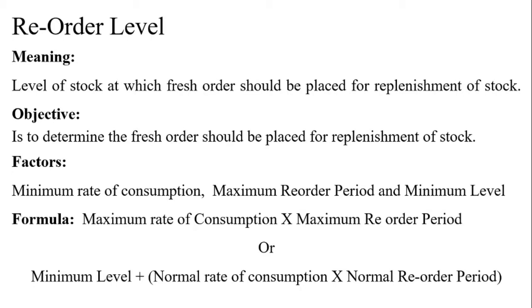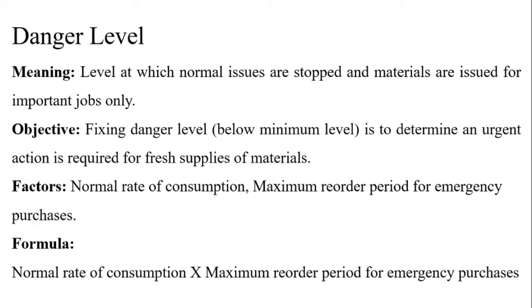That is the reorder level. After the reorder level, we are going to learn the danger level. The danger level is that level at which normal issues of the raw material inventory are stopped and emergency issues are made on special requisition approved by the competent authority in the firm.